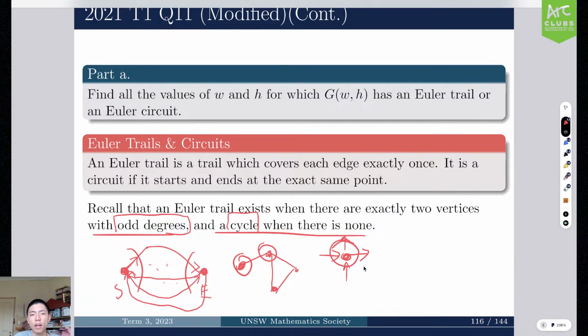If you had any vertices with odd degrees, then it is not possible for you to start and end at the same point. Because if it were to start and end at the same point, then every vertex needs to have an even degree. So the key takeaway is even degree, unless it is start or end. But if start equals end, if they are the same point, then even degree has to be followed.